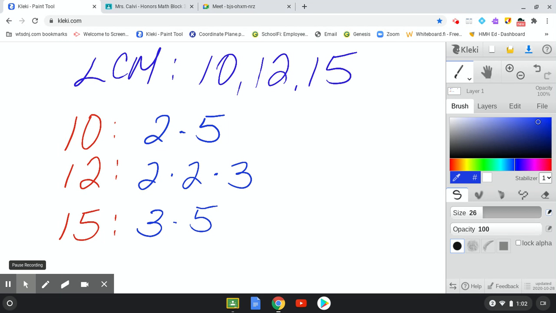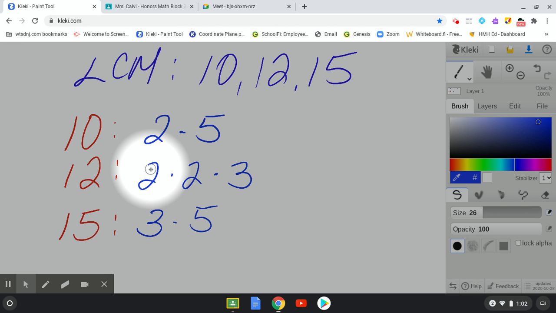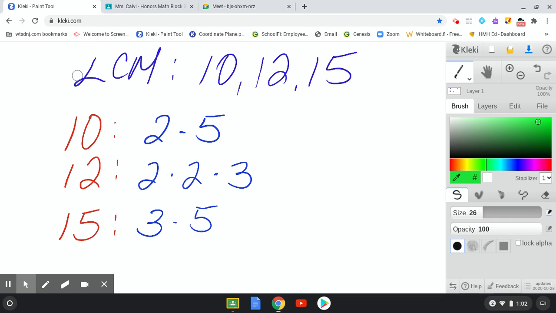We're going to look to see if any of the numbers have another number in common. So for example, 10 has a 2 and 12 has a factor of 2 here. So I'm going to circle those. Okay. Now I cannot circle these two because they both are associated with the 12.